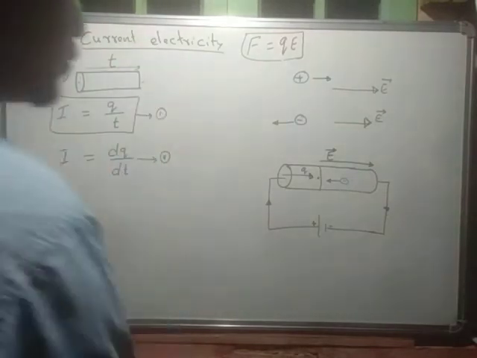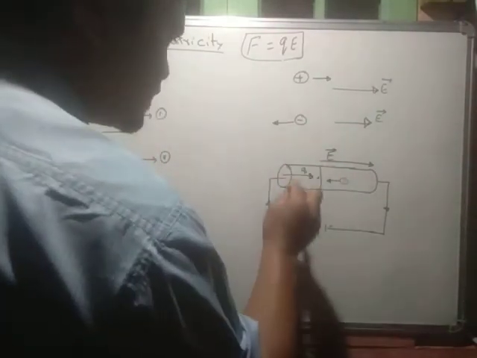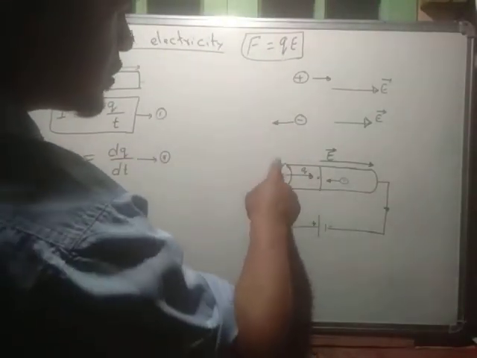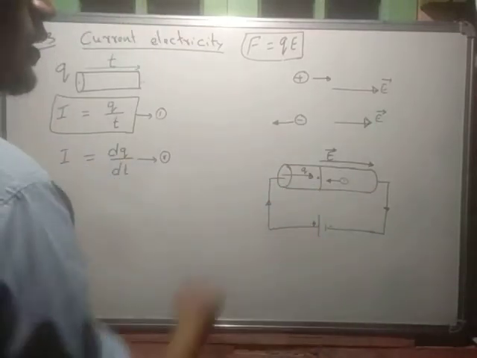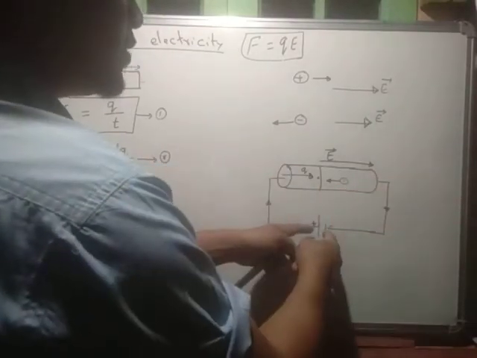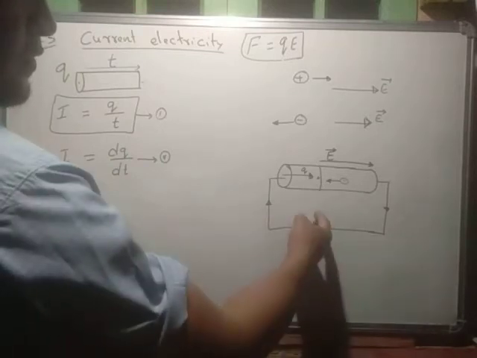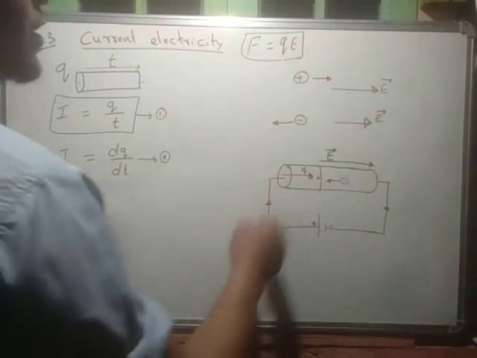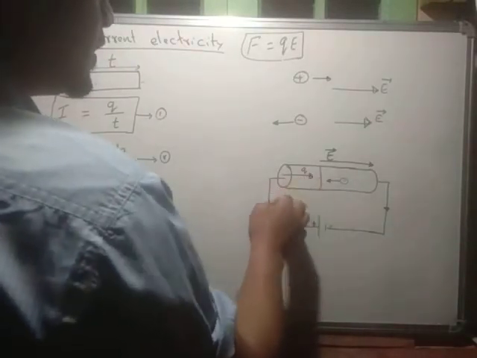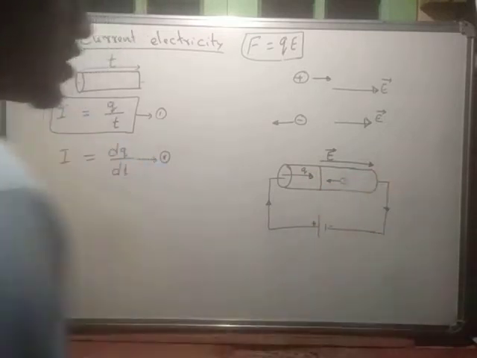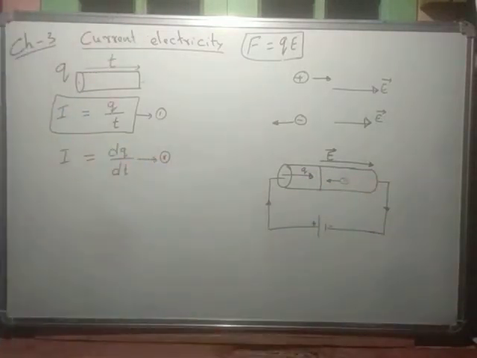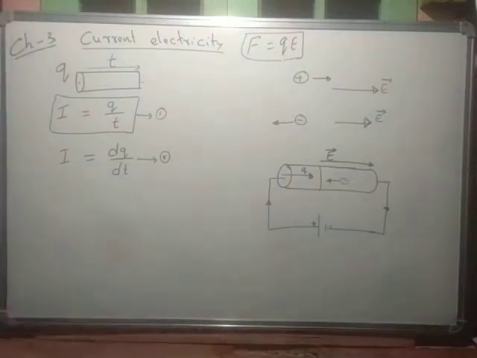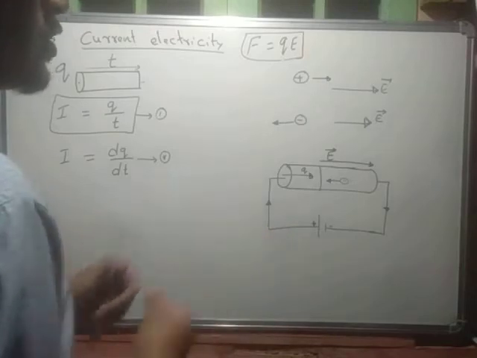Look at this simple circuit diagram where we have a conductor, and the two ends of the conductor are connected to a cell. This is the positive terminal of the cell, this is the negative terminal of the cell. Now, we know inside a conductor we have a large number of free electrons, which move randomly in the conductor.